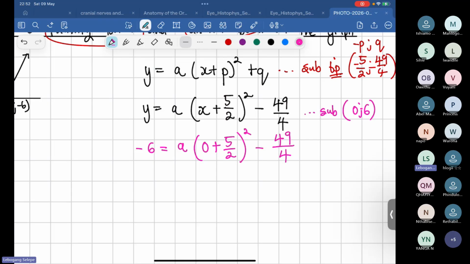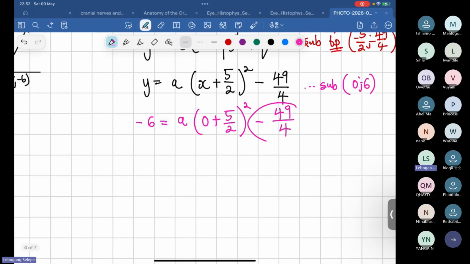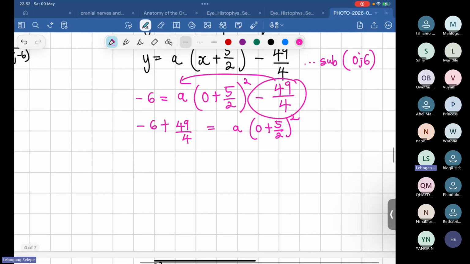What am I doing in this case? I'm going to take the 49/4 to the other side so that I have -6 + 49/4 = a(0 + 5/2)².